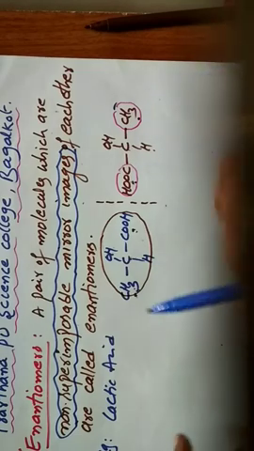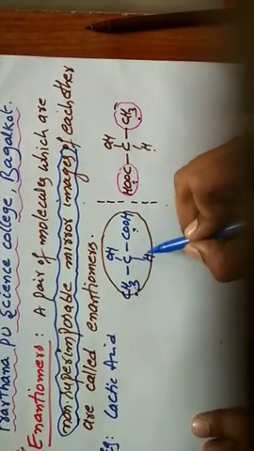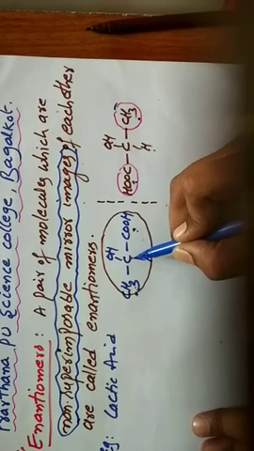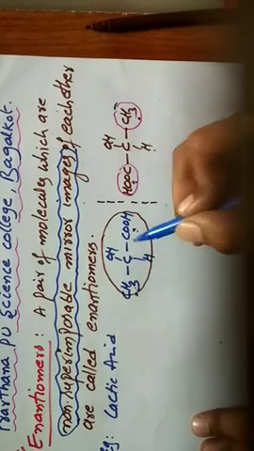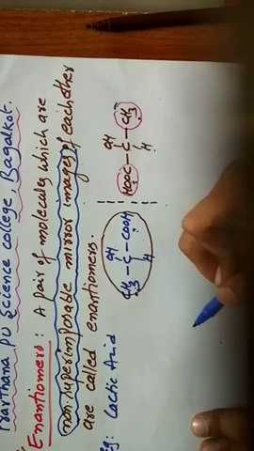Suppose this is lactic acid. If one molecule rotates plane polarized light to the right, that is called dextrorotatory. We already discussed this in the previous lecture.